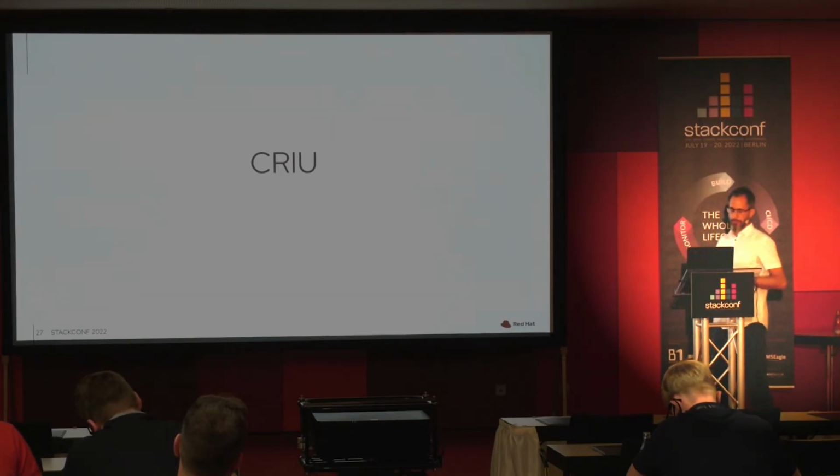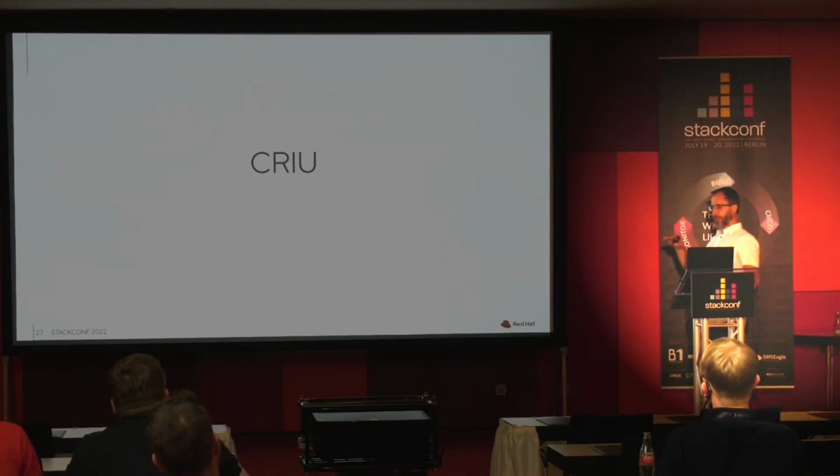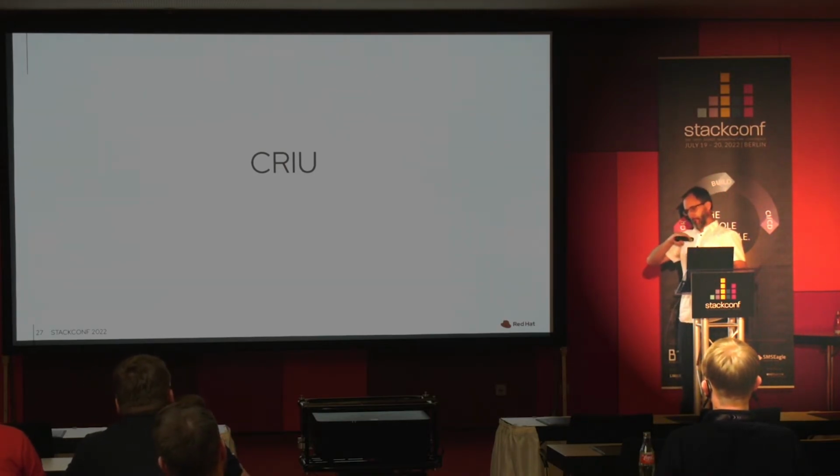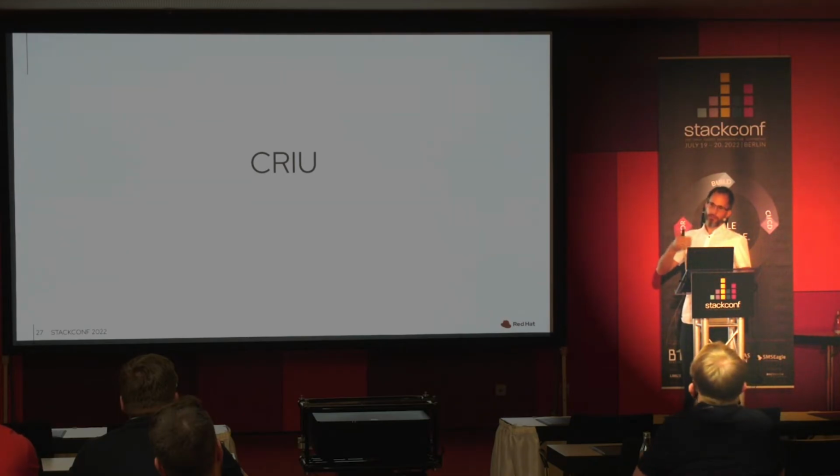Now I want to talk a bit about CRIU, the lowest level of the checkpointing. What now happens in Kubernetes is, if you want to take a checkpoint, currently you talk to the kubelet API, then the kubelet will trigger the container engine, containerd or CRI-O, to do a checkpoint. The container engine will talk to the container runtime, runc or crun, to do a checkpoint. Crun or runc will talk to CRIU to do a checkpoint.